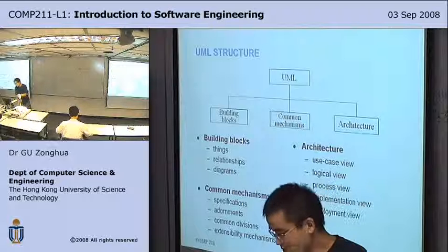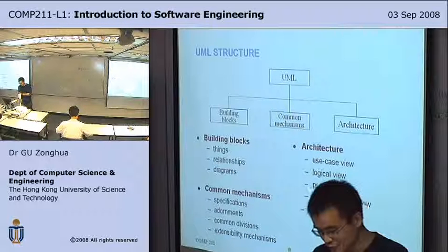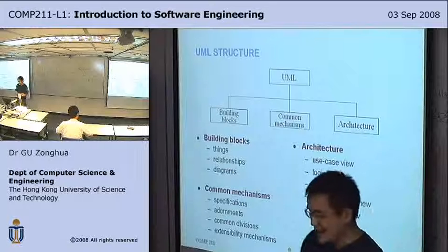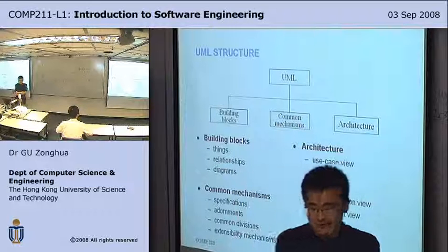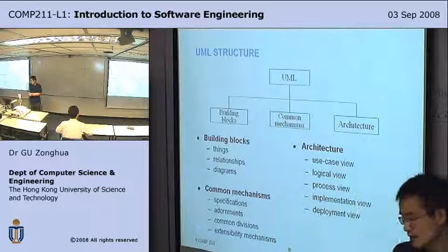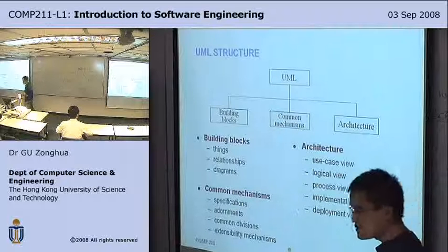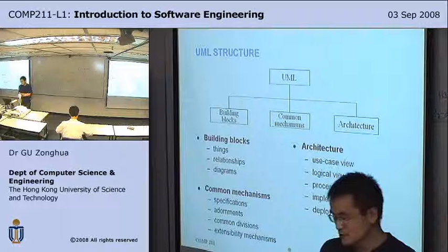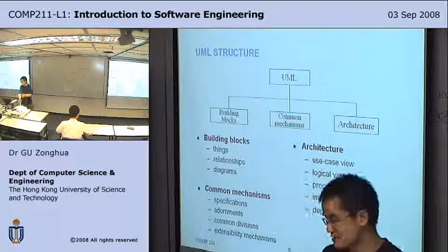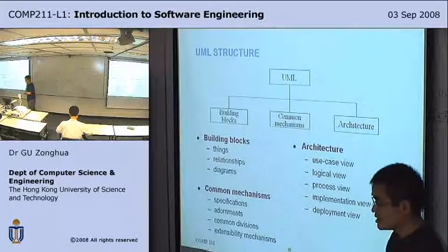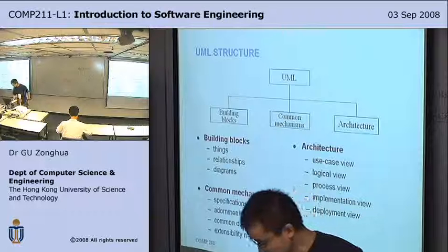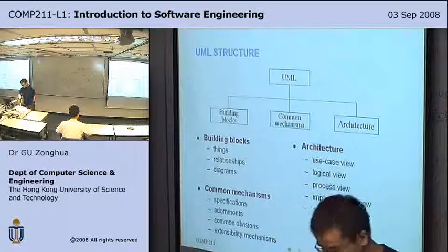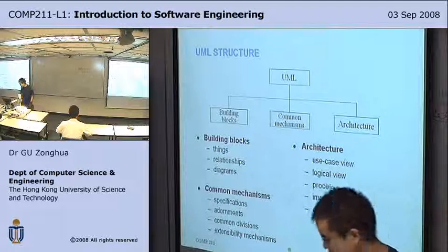The deployment view refers to the physical deployment. That is, for your course registration system, perhaps you need a powerful central server to deploy the server database part of your application. And perhaps you don't need any client-side software. You just need a web browser for the client. So all these views describe the same system from different perspectives.